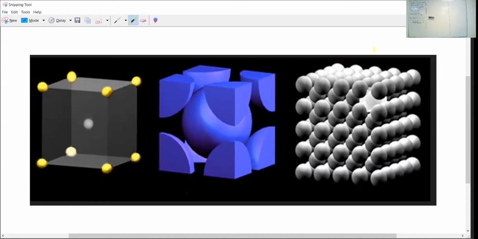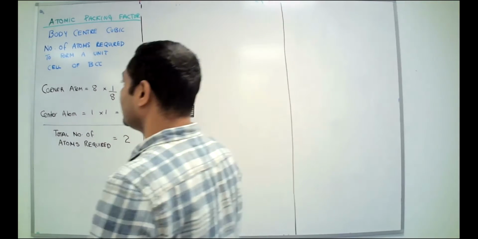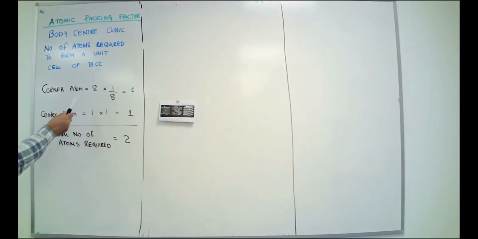If we want to find out the total number of atoms required for the unit cell of a body-centered cubic, we start with the corner atoms. There are 8 corner atoms, and 1/8 of each belongs to the cell.